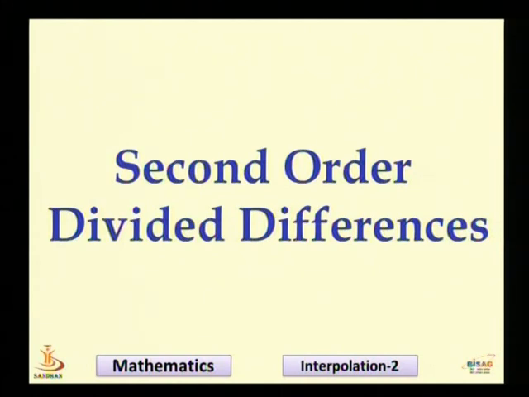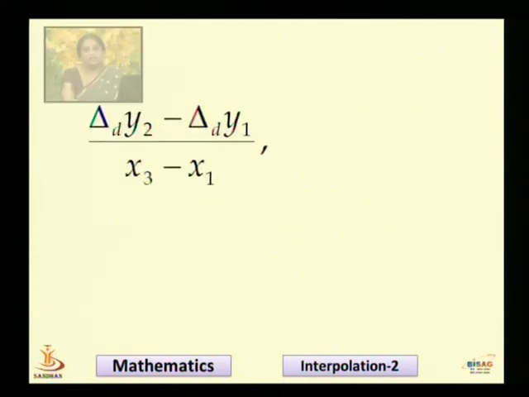Second order divided differences. Given the same table of n points, the second order divided difference can be found by the ratio of the differences of the first order divided differences divided by the difference in the x values. That is, the second order divided difference can be denoted as delta D y2 minus delta D y1 divided by x3 minus x1.